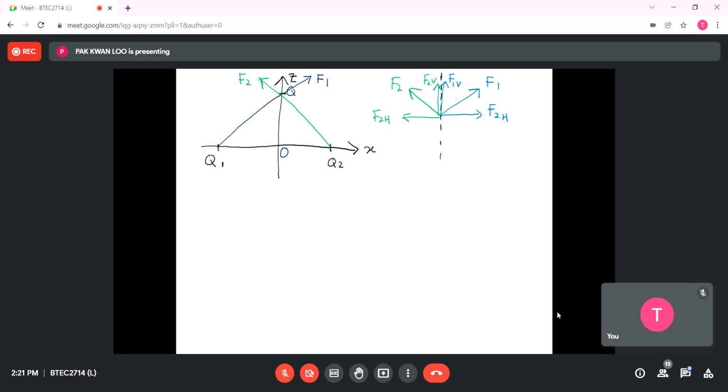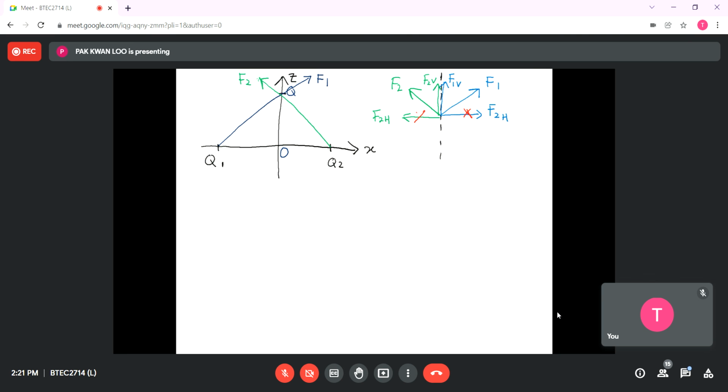From this diagram, you can see that F2 and F1 have the same magnitude, but of course in a different direction. Due to the symmetrical location of the charges, these forces cancel off.